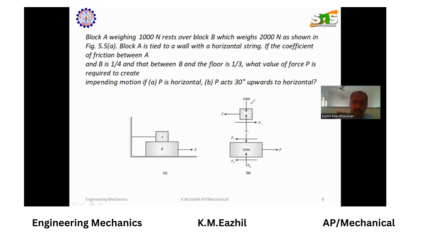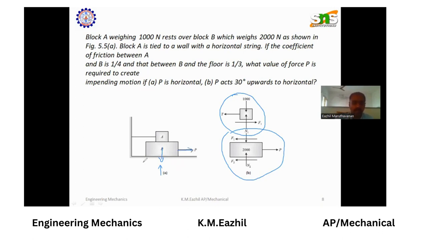We have to draw the free body diagram of each block. First, we draw the free body diagram of block A and then block B. While drawing the free body diagram for block B, the weight of block B acts perpendicular to the ground plane. The reaction force is always perpendicular to the lying plane. Then the applied force is on the right side.